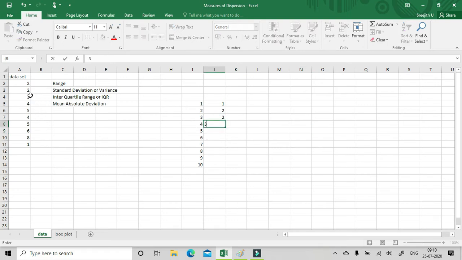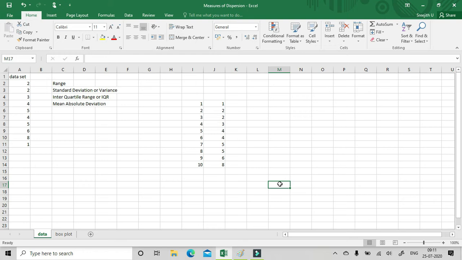There are two 4's, so 4 4. How many 5's do we have? We have two 5's. We have a 6 and we have an 8. So that's our data set, right?